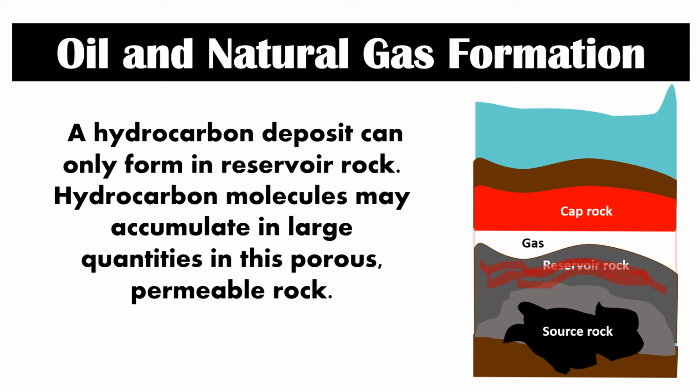So of course, dito sa baba, nandito yung oil and yung gas lulutang sa ibabaw ng reservoir rock. Capable ang reservoir rock na mag-contain ng oil and gas kasi nga butas-butas ito, porous ito, and permeable. Ibig sabihin kaya mag-penetrate ng fluid such as oil and gas dito. Now, kung reservoir rock lang ang meron ka, ang mangyayari is that mag-seep out, lalabas lang, aagos sa tubig yung oil and gas.